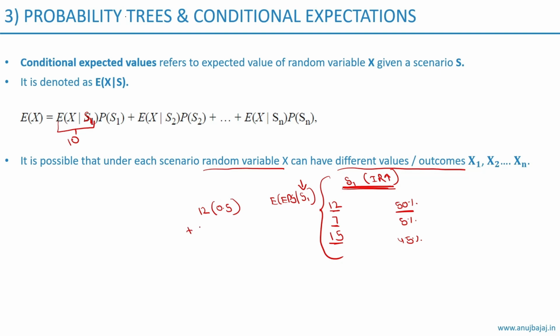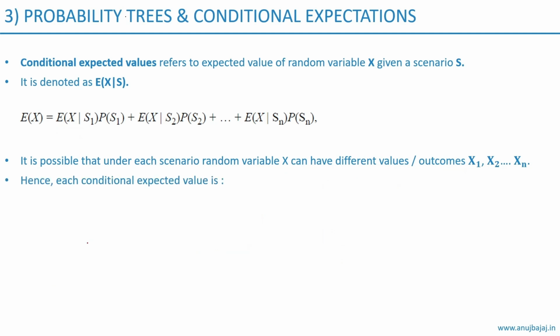Then we add 7 multiplied by 0.05, which is 5%. Then we add 15 multiplied by 45%. So the expected value of EPS given that scenario 1 has occurred is $13.1. Earlier I assumed it randomly, but given this information, we can say that EPS is 13.1 if scenario 1 occurs.